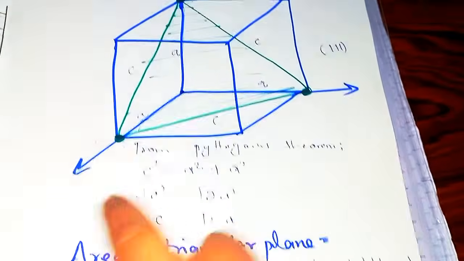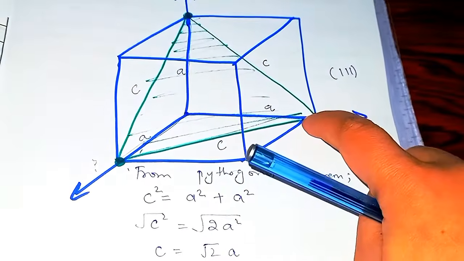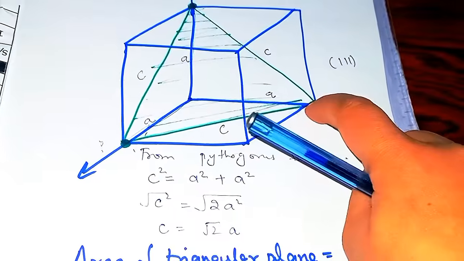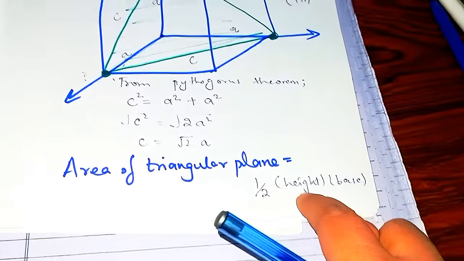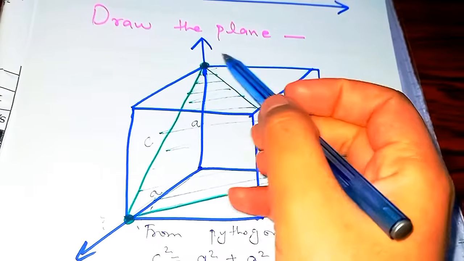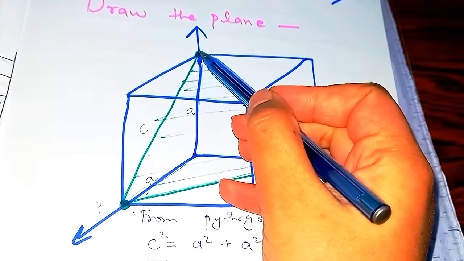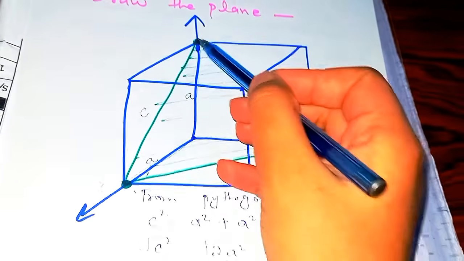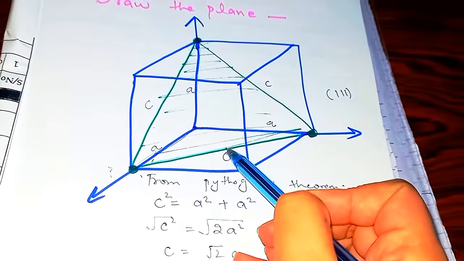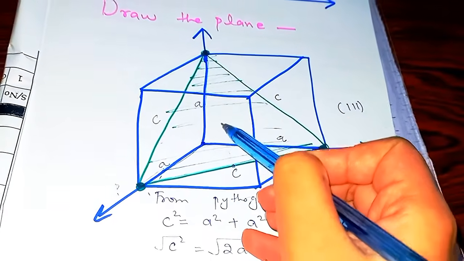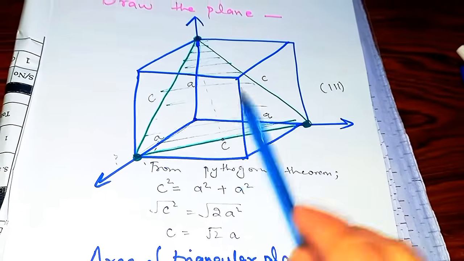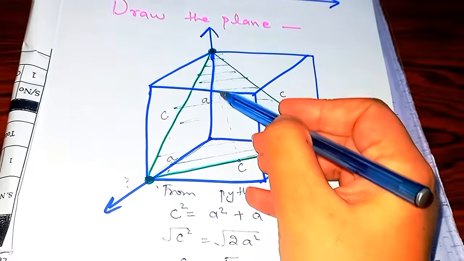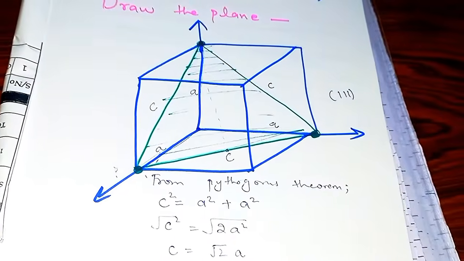We can see that this is the base of the triangle, which we have already calculated, but we need to know the height of the triangle, and we can do so by finding the length from this point to this center point. This vertical length is the height of this triangle.